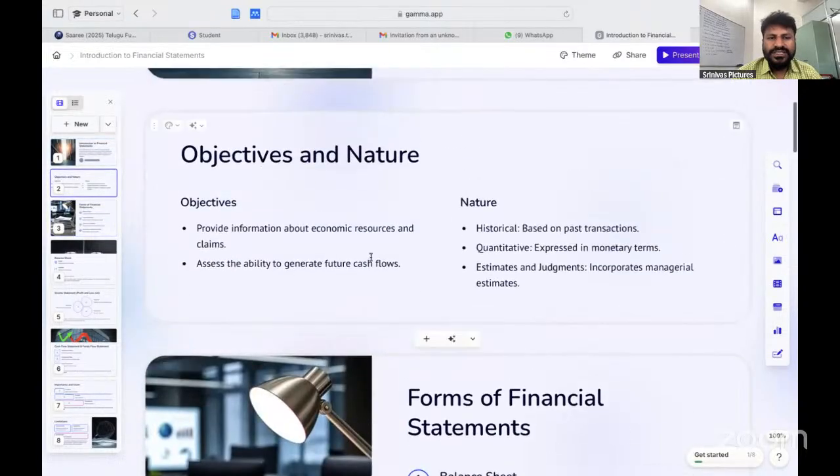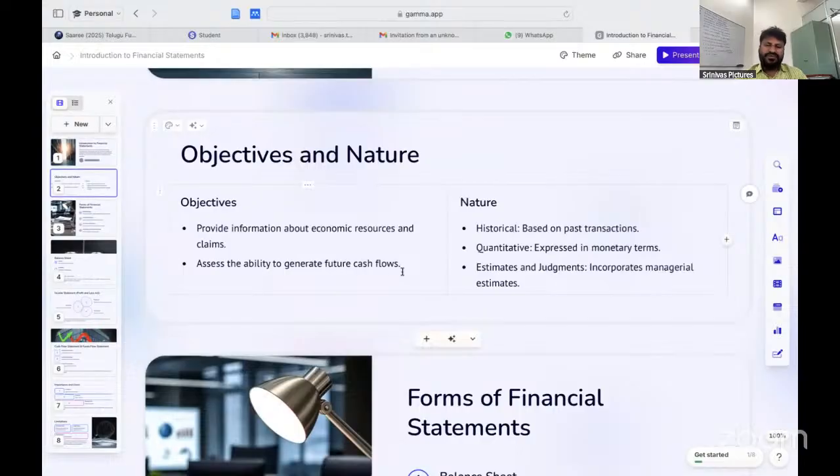So, what is the objective of financial statements? See, the main purpose of these financial statements is to provide information about the economic resources and claims. Means what? What sources are there, where we can get the funds, what choices are there, and where we can claim it. All that we are going to learn. At the same time, they also assess the ability to generate future cash flows.